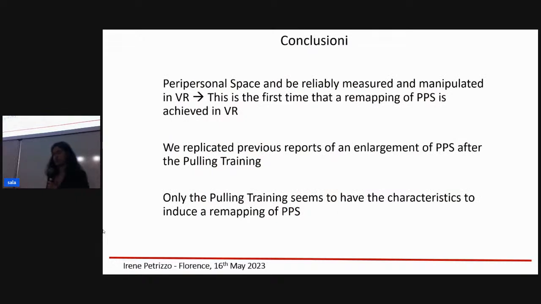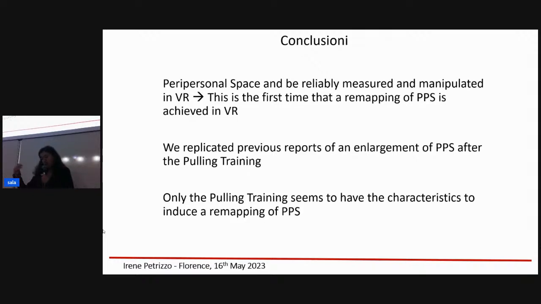And this is the first time that someone has managed to achieve a remodulation of the peripersonal space in virtual reality. So this study, first of all, validates VR as a possible tool to study peripersonal space, because peripersonal space seems to behave the same way in the real world and in the virtual environment.